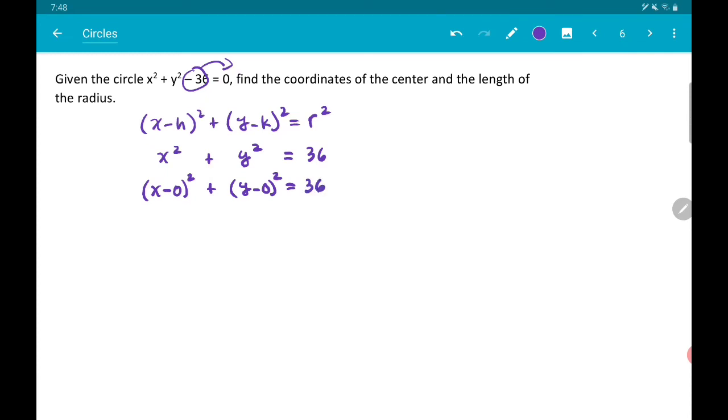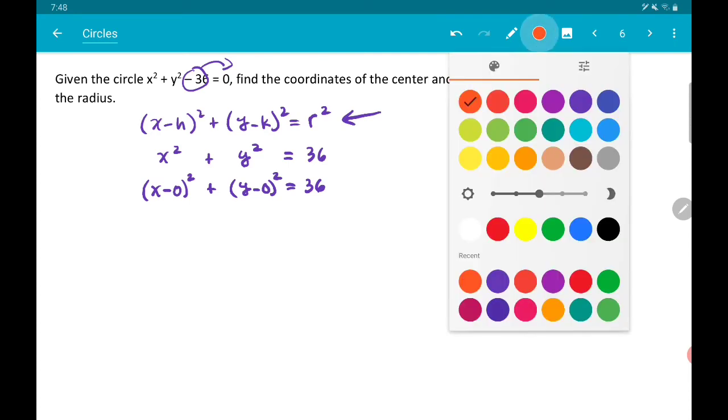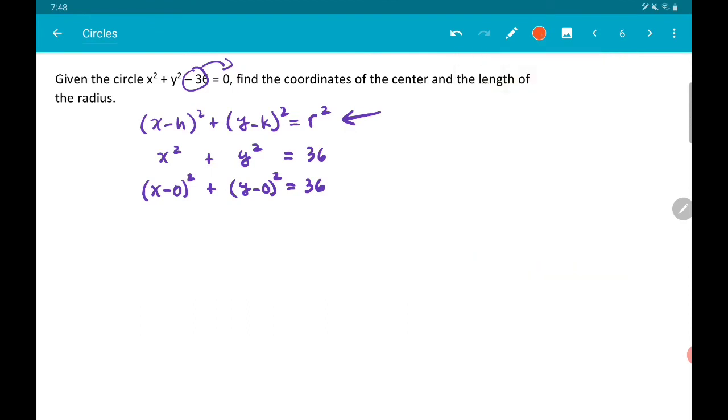Now if you look at this equation, it looks like our general equation for a circle. Where h is equal to 0, k is equal to 0, and r squared is equal to 36.